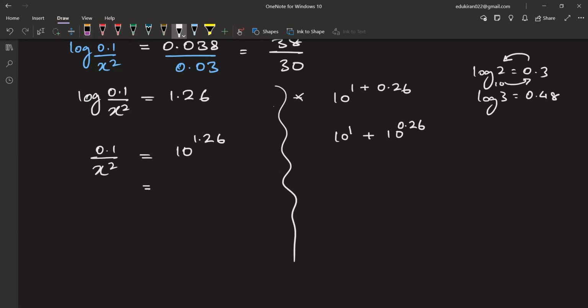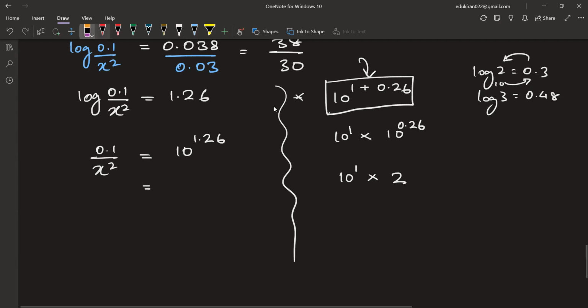Wait a second. यहाँ multiply होगा, sorry. 10 to the power 1 into 10 to the power 0.26, उसको अप्रोक्सीमेट कर लीजिए 0.3 में, और यहाँ पर वैल्यू this will be equal to 2. Ahmad, Fayaz and Fatima, आप लोग ये पहली बार देख रहे हैं, ये स्टेप समझ में आया है? ये समझ में आया है ना? ठीक है.